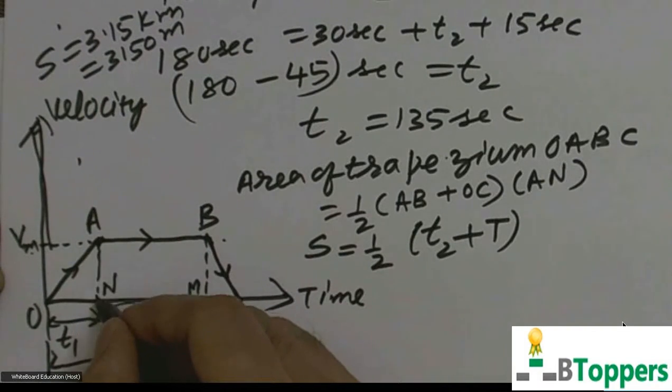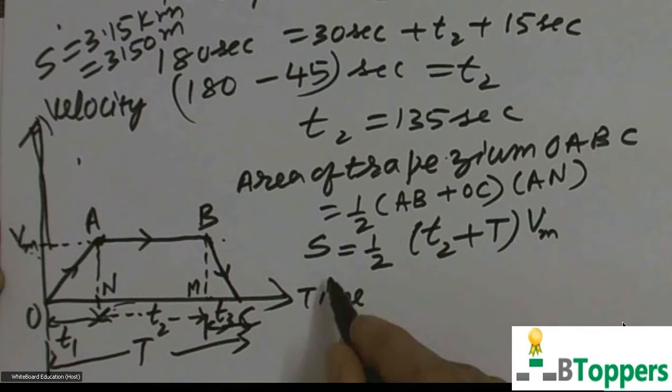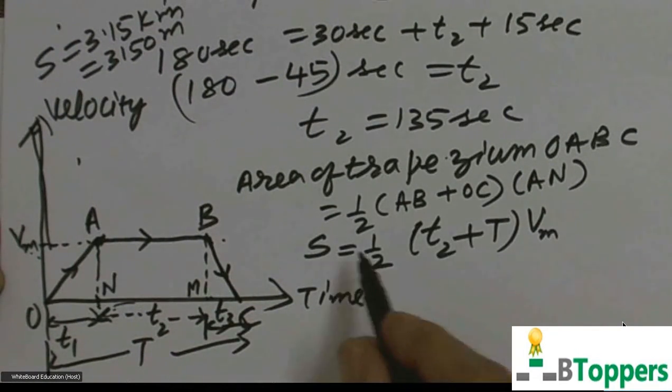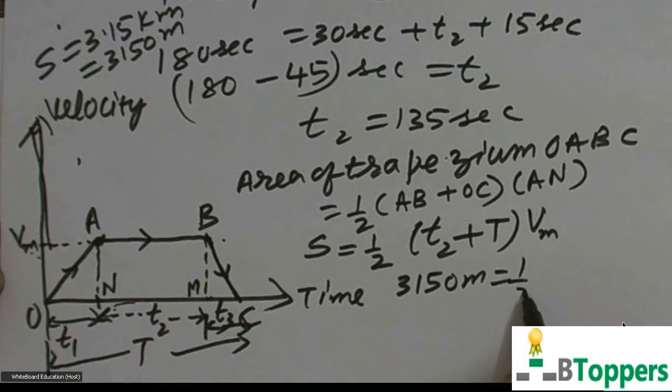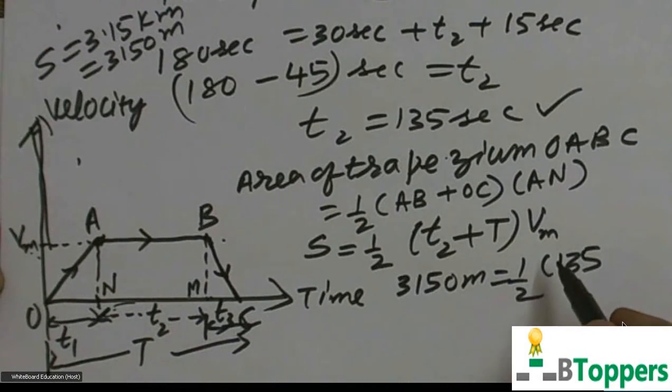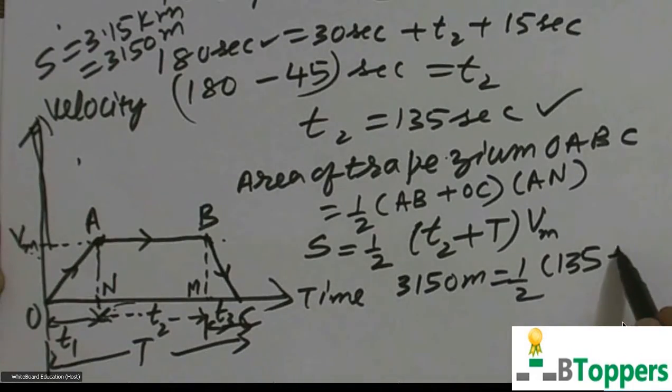AN gives you the height of the trapezium, or perpendicular distance between the two parallel sides. That is equal to the maximum speed during the journey. The total displacement is given to be 3.15 kilometers or 3150 meters. And T2 we calculated as 135 seconds. And the total time of motion is given to be 180 seconds.